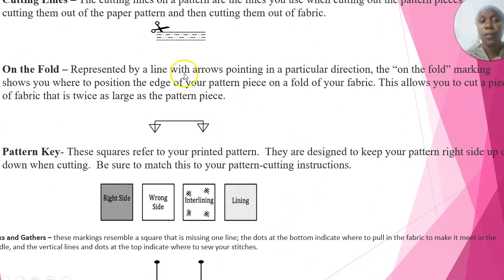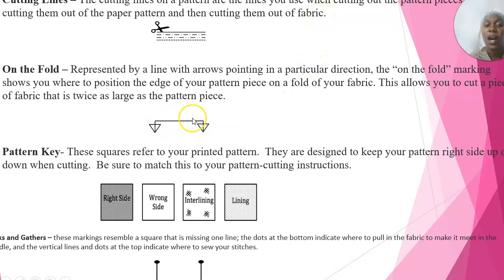This is also very important information, so that when you are cutting out the pattern pieces, you need to first start by cutting out the paper pattern, and then you cut out the fabric. So you first start with your paper patterns, then you go to the fabric.